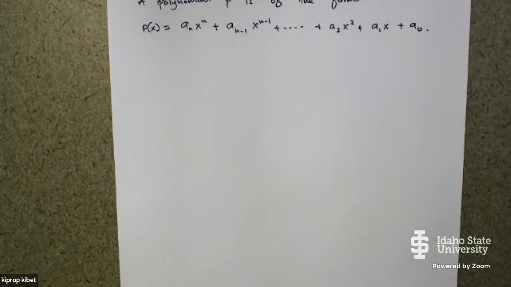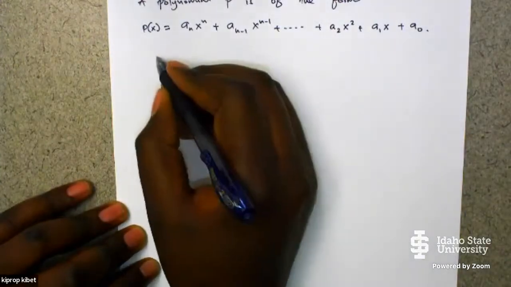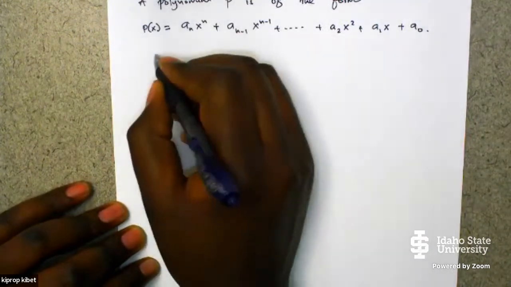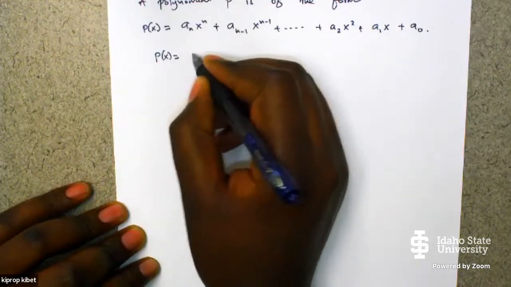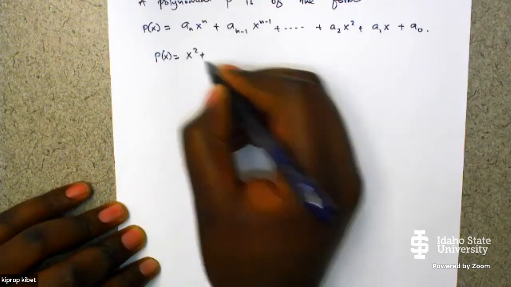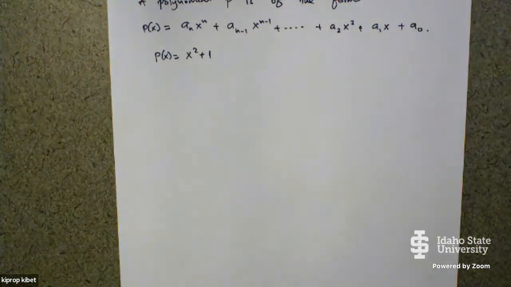So for example, the quadratic polynomial can be written like this. If we have p of x equals x squared plus 1, that is still a polynomial, a quadratic. This has the degree of 2.